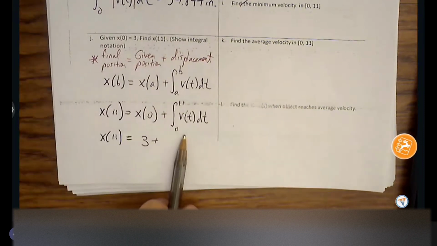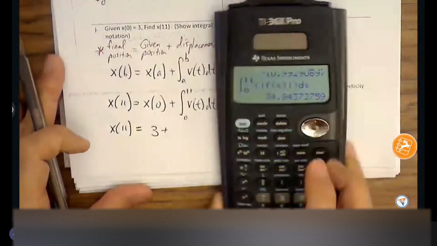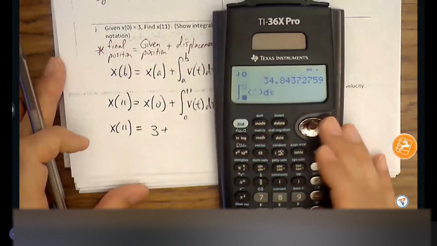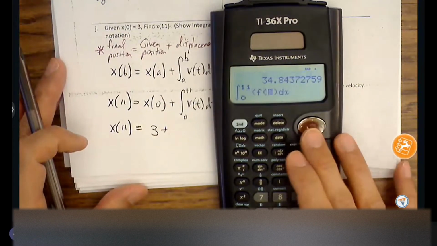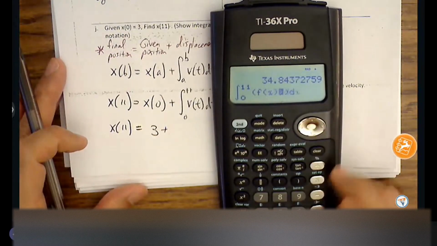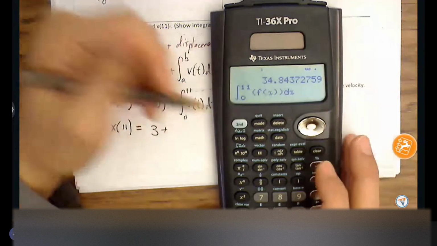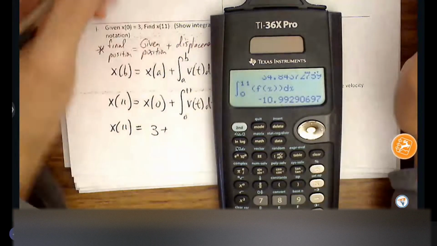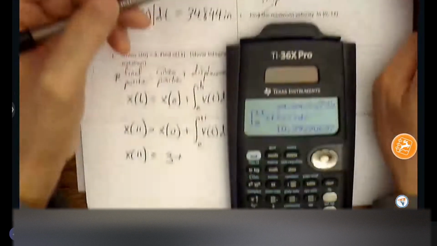Okay, make the calculator do the work for us. Oh, we already have this information, right? We gathered it from part F, but I just entered it again.